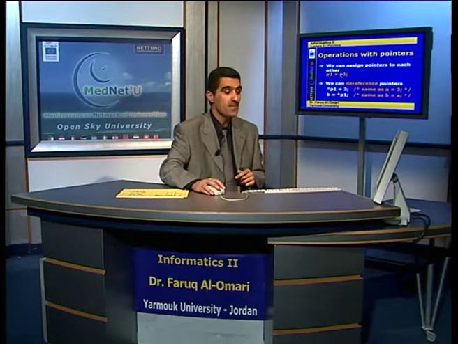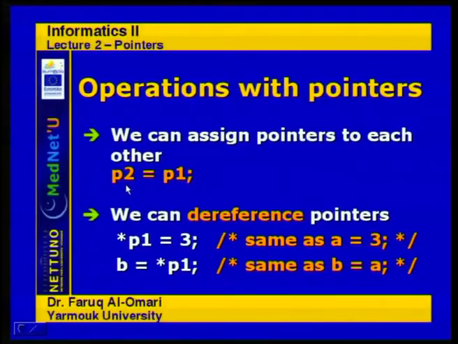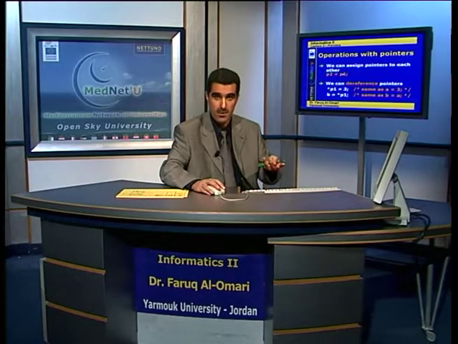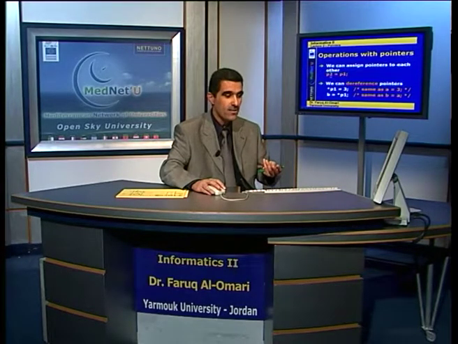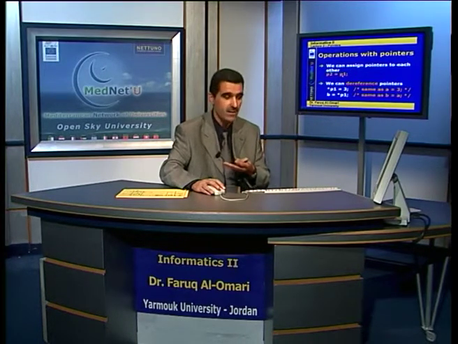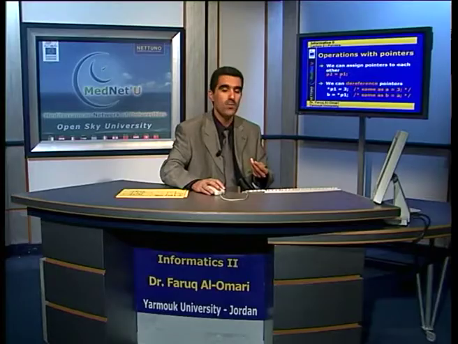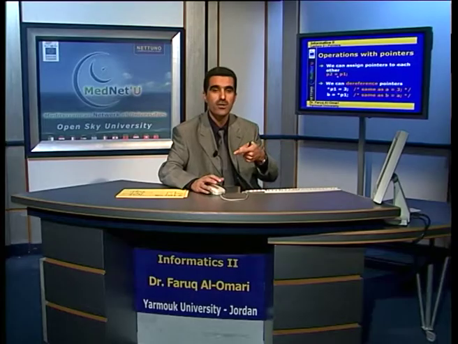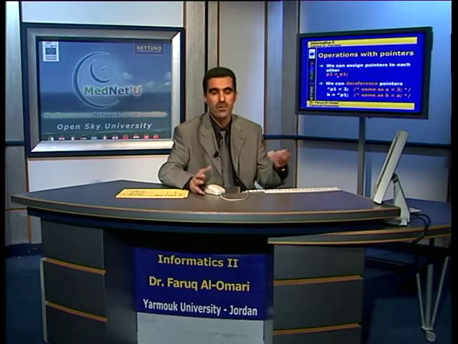Well, this means that P2 is going to point to wherever P1 is already pointing. So I can refer to the data stored in memory by using these two pointers. I can change the data in there by referring to address P1 or to address P2. They're equal. They're both pointing to the same physical location in the memory.